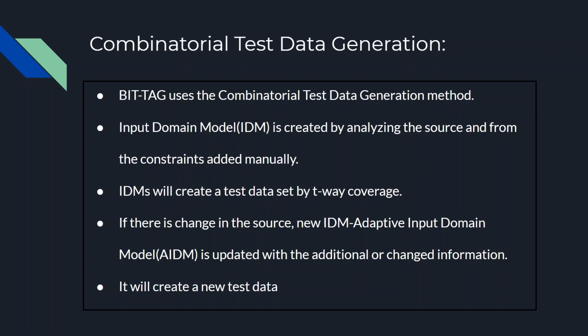So for each parameter, important test values are derived from the constraints. If there is a change in the source, there is no need to create the input domain model from scratch. What it does is create another input domain model named adaptive input domain model, which is updated by comparing the changes against the additional information and then used to generate new data sets.